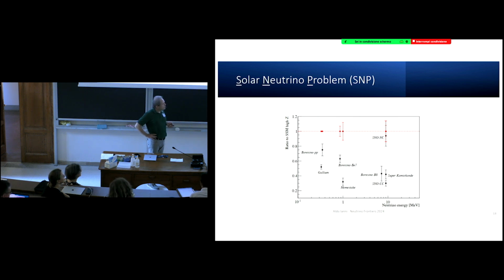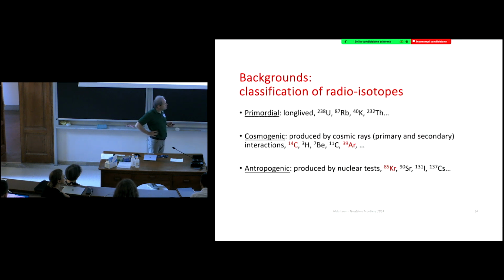So you can appreciate the fact that most of the experimental results show a deficit with respect to the theory, with the exception of the neutral current measurement exploited by SNO water Cherenkov. So this is clearly understood as a flavor change in the solar neutrino sector, and it's a fundamental result today, clearly interpreted in a theoretical framework.